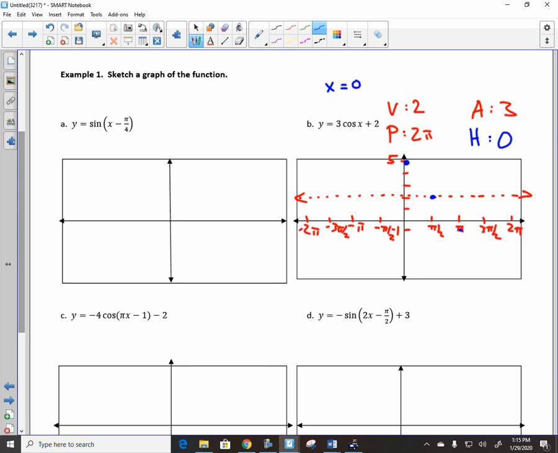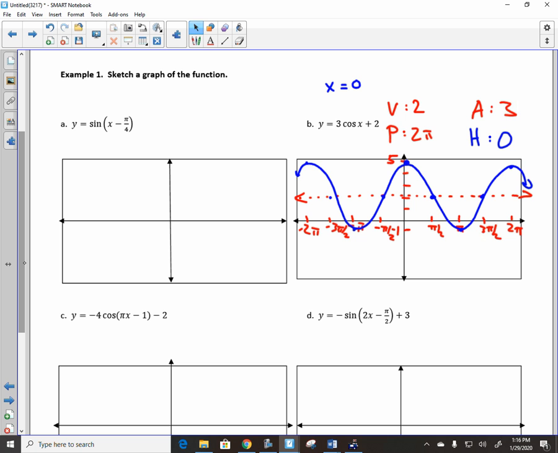Then it goes to the bottom, back up, and to the top. And that's our graph. It's a wave.